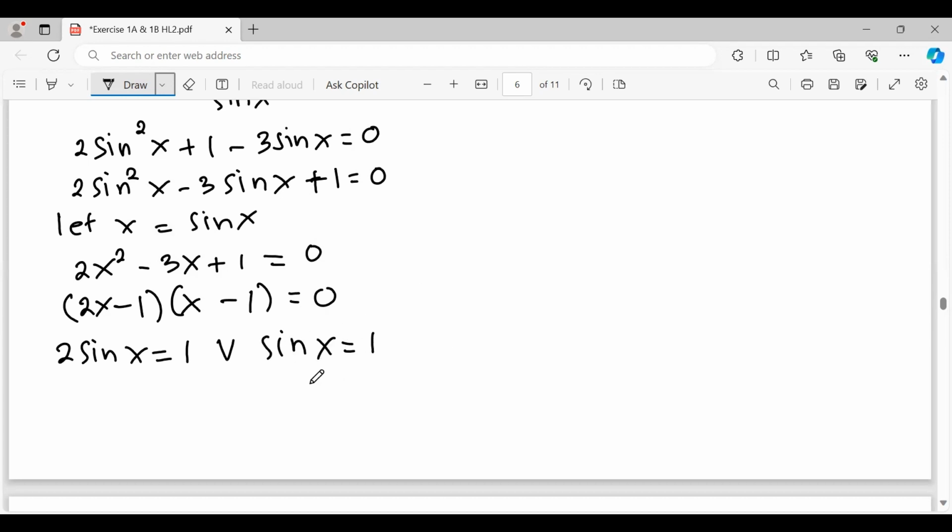If sine x equals 1, the solution is x equals pi half.